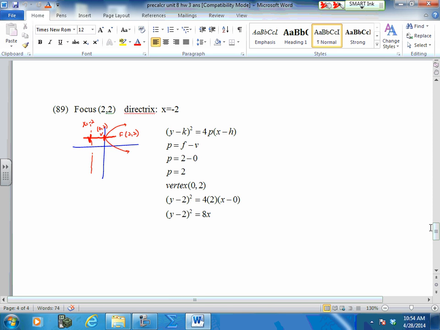So if the distance from here to here is 4, half of that way is your vertex. So 2, either way, come to your vertex. So your vertex is going to be 0, 2. There's your vertex. And you can find P. P is 2, positive because it opens right. And plug them in. Good?